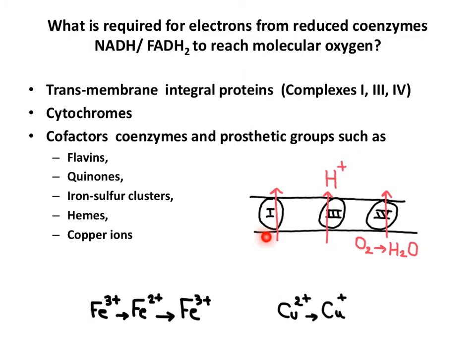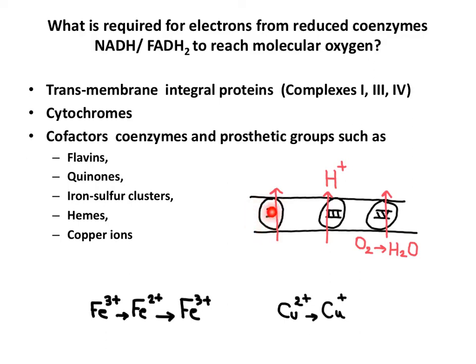The electron transport chain is a series of proteins embedded in the inner membrane of the mitochondria that allows the passage of electrons coming from reduced coenzyme. Those electrons will pass from one protein to the other until they reach molecules of oxygen, and oxygen gets reduced to molecules of water. The coenzymes themselves will not enter the proteins, only the electrons.